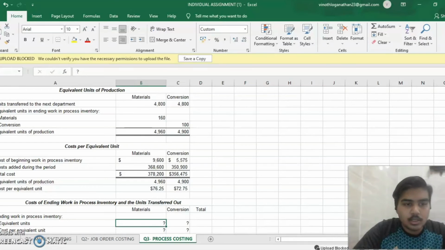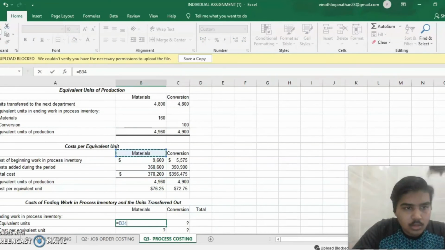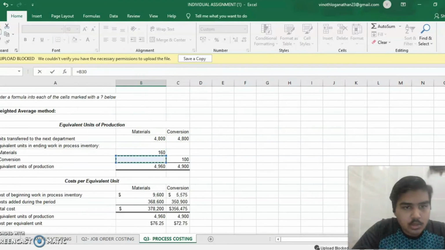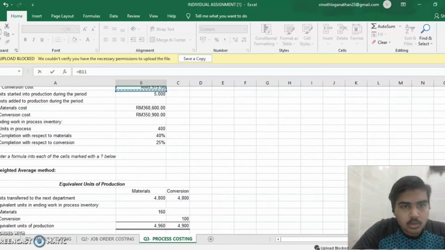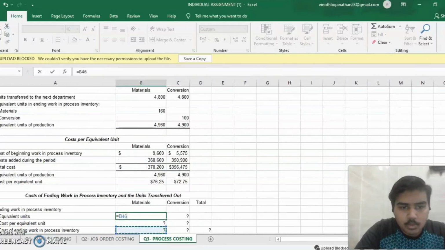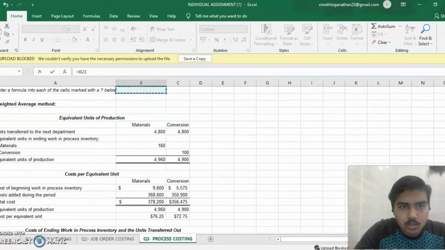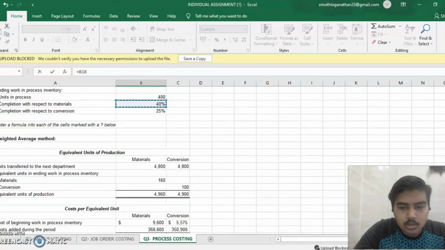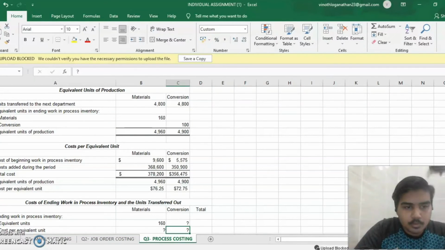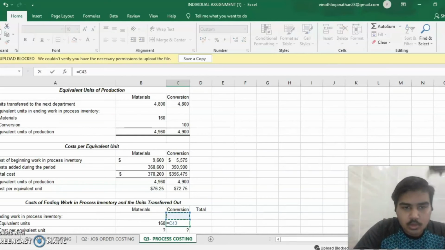So now the equivalent units is this equivalent units in process. So here, this times this. Okay, cost and equivalent units as well.